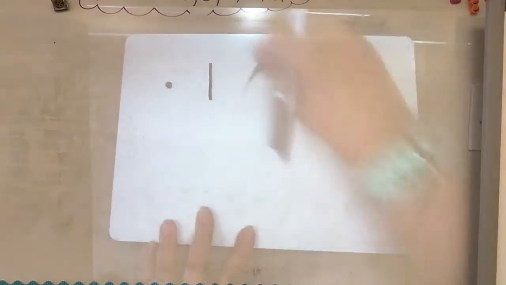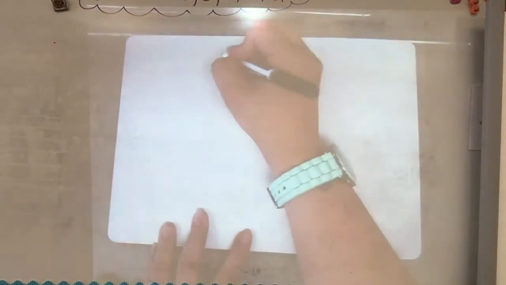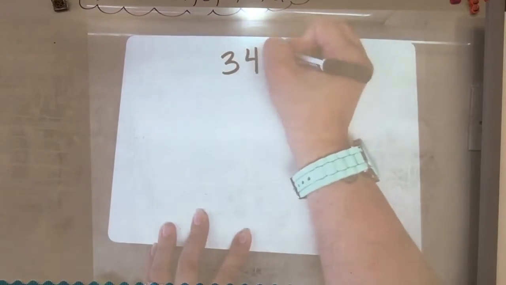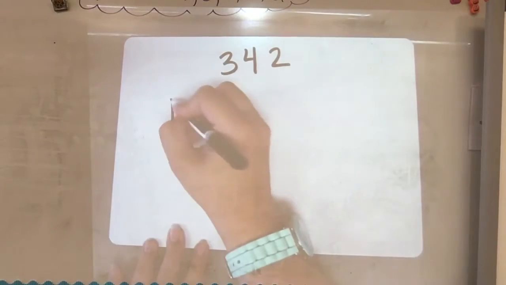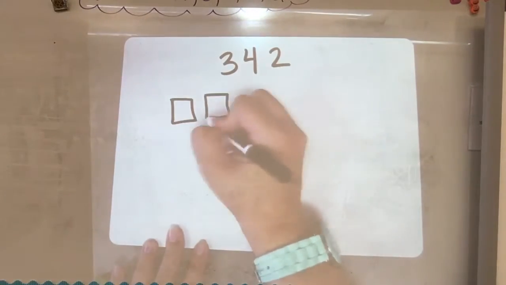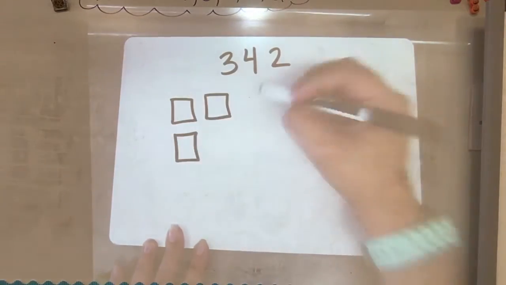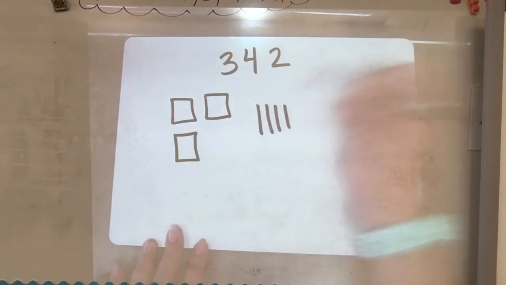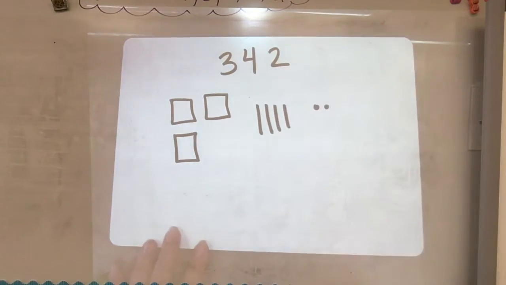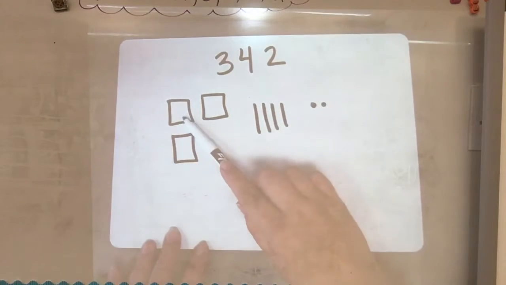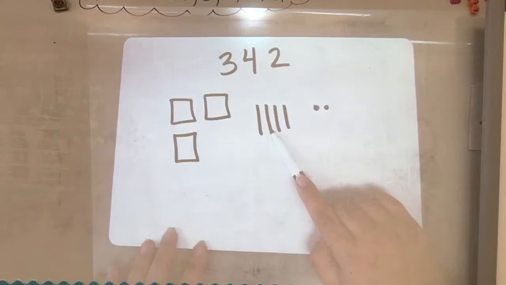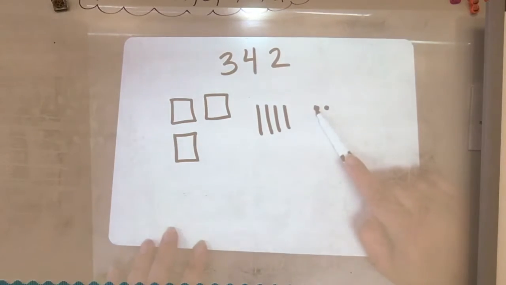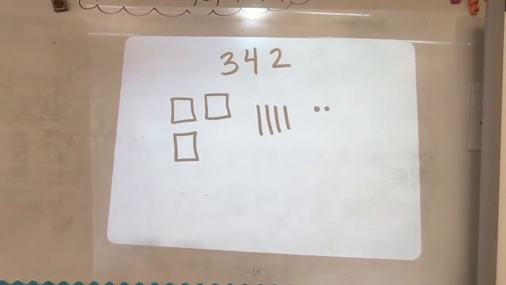Okay, so if I want them to represent the number 342, what they're going to show me is 3 hundreds, 4 10s, and 2 ones. So we have 100, 200, 300, 310, 320, 330, 340, 341, 342.